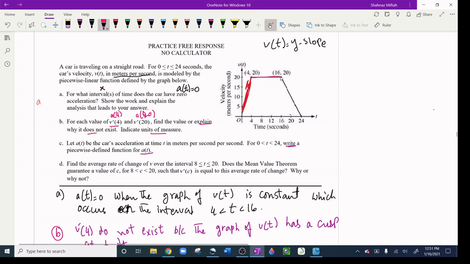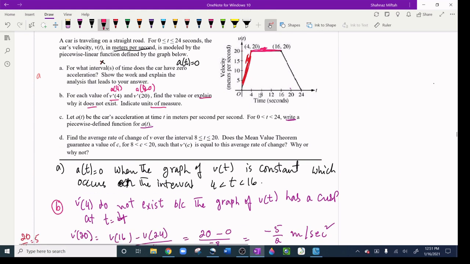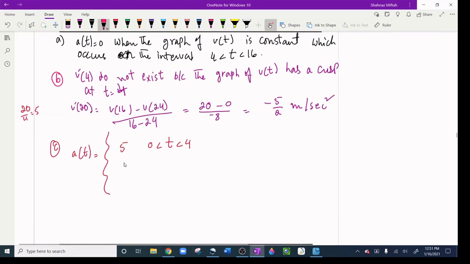When I pick this piece of the information, I know the tangent line here is 0, so I don't have to do anything there. So the tangent line, or the acceleration, here is 0 and the restriction is between 4 and 16. Next one.